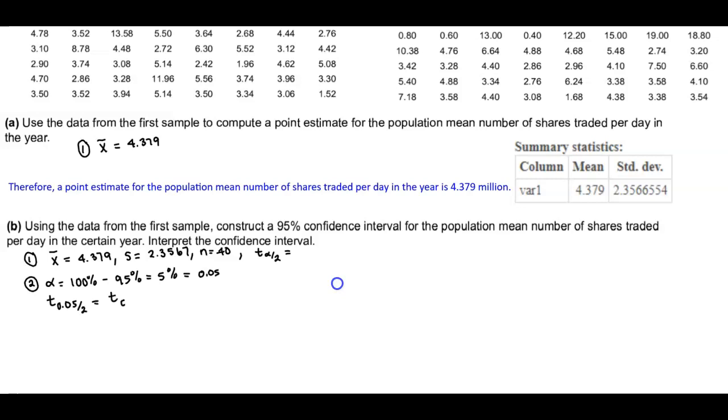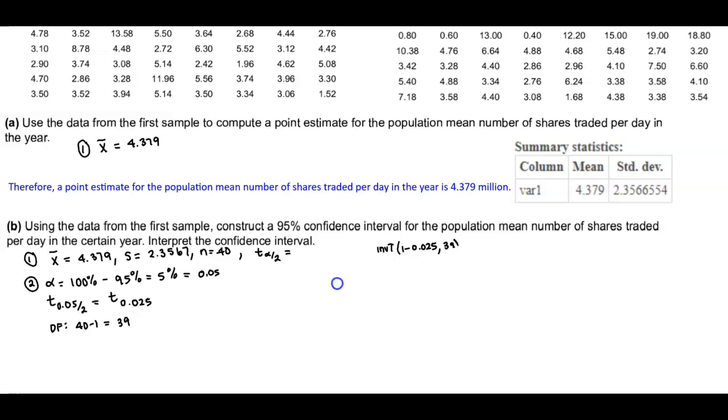So we're looking for the area in the right tail, which is 0.025. If we want to use INVT, our area is going to be 1 minus 0.025, because that is the area to the left, and the degrees of freedom is 40 minus 1, which is equal to 39.